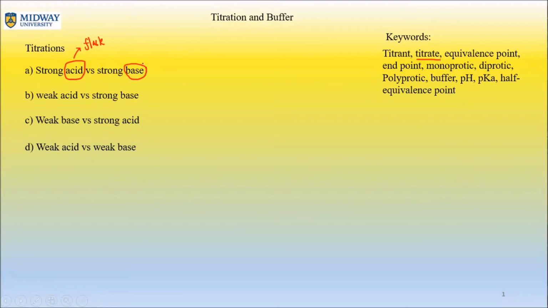It's kind of the same deal. This goes in the burette. Similarly, whatever goes in the flask is the titrate, and whatever goes in the burette is the titrant, okay? So this is the flask and this is the burette. Remember, these are equipment. This is the term for it, okay?